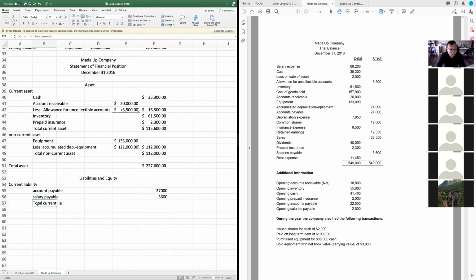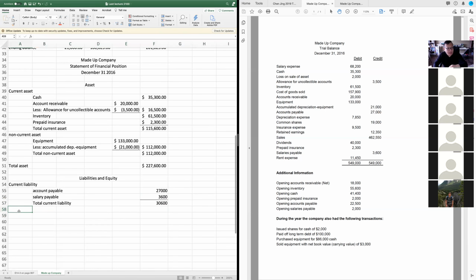Total current liability. So that will be this. Do we have long-term liability? We don't, right? I didn't see any. No, okay.